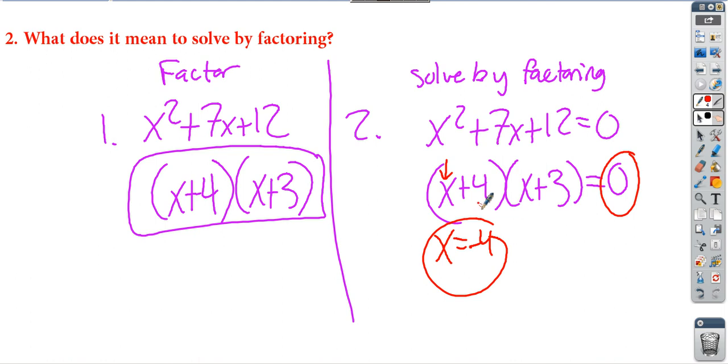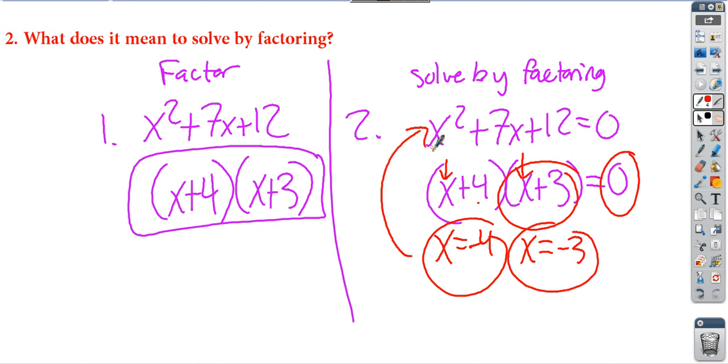And then 0 times anything is going to equal 0. Second parenthesis, what number plugged in here would make this whole thing 0, and that's negative 3. You can test. You can plug in either negative 4 or negative 3 for x, and in both cases you get 0. So that's what it means to solve. Solving means x equals what number as your final answer.